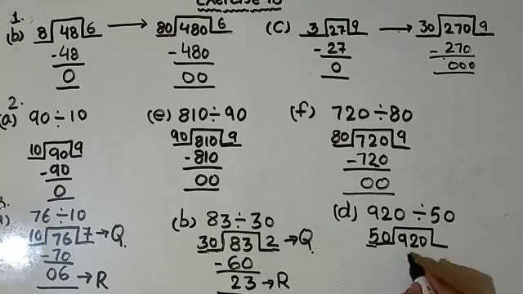So the first two digits are 92 and 50 ones are 50 and 50 twos are 100. So we can't take 100 because 92 is less than 100. So here we will take 50 one time. Okay. Now subtract this, you will get 42 and here we will get 420. Is that clear?